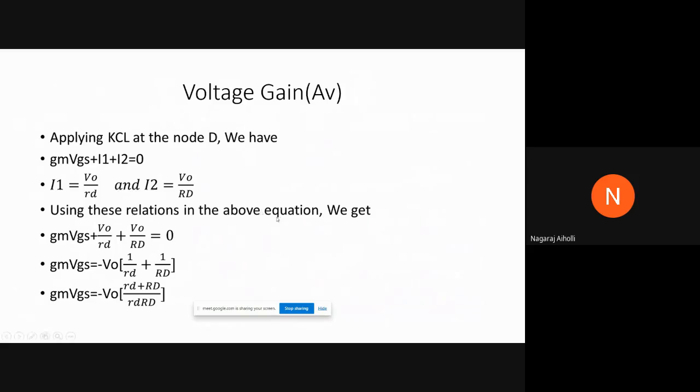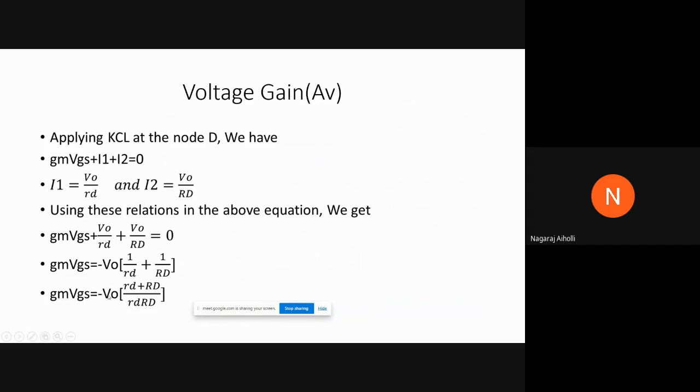We get gm VGS plus Vo by small rd plus Vo by capital RD is equal to 0. Taking these two terms to the right-hand side, gm VGS is equal to minus Vo by small rd minus Vo by capital RD. Taking Vo common, it will be minus Vo multiplied by 1 by small rd plus 1 by capital RD.